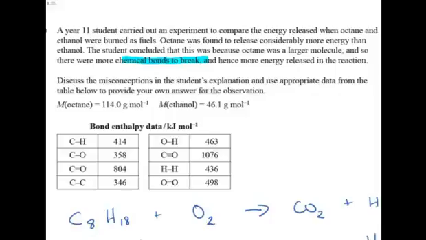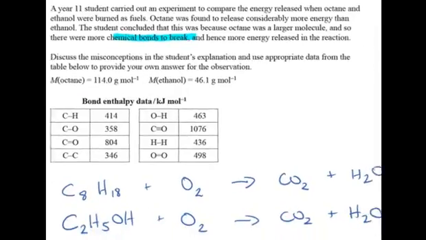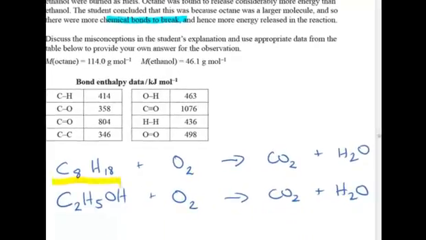But to show this, we'd first of all do some calculations, and to do that we need to balance some equations. If we look at octane and ethanol, we'll look at how to go about balancing those quickly. The first thing to do is look at the carbons. There are 8 carbons with octane, so immediately we put 8 over here. We see that there are 18 hydrogens here, so immediately we put 9 here, because 9 twos are 18.